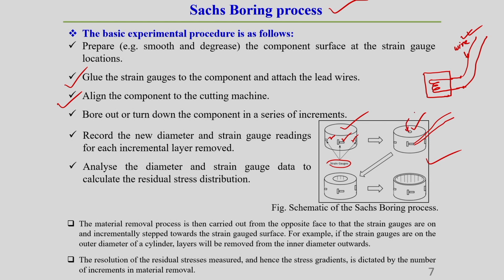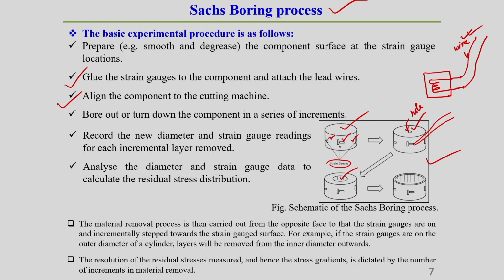You see, this is the starting hole. After that we have to enlarge that hole, or bore out or turn down the component in a series of increments. That means, gradually we increase this hole diameter.